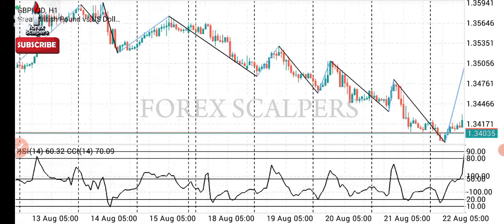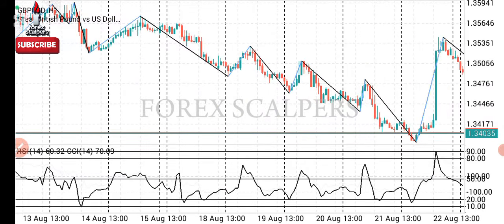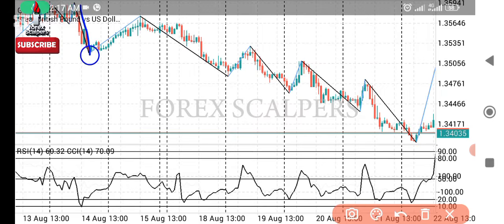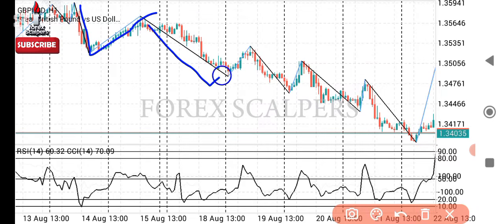So you can see this downtrend and look at how perfectly this was marked. Can you see that? Very perfect indicator that can help you do this assignment in a very perfect way.